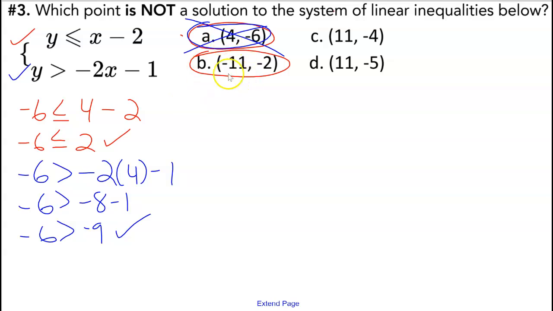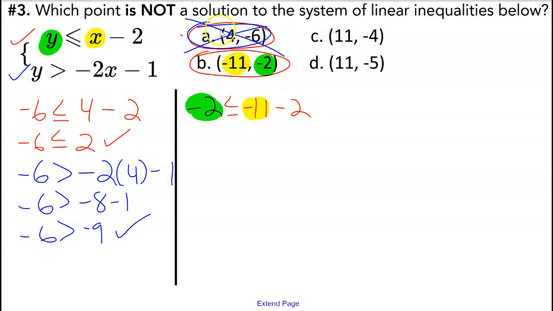All right, now I'm going to try B, -11 and -2. We plug both of those in: -11 minus 2, and -2 for y. Same sign, find the sum. -11 and -2 is -13.